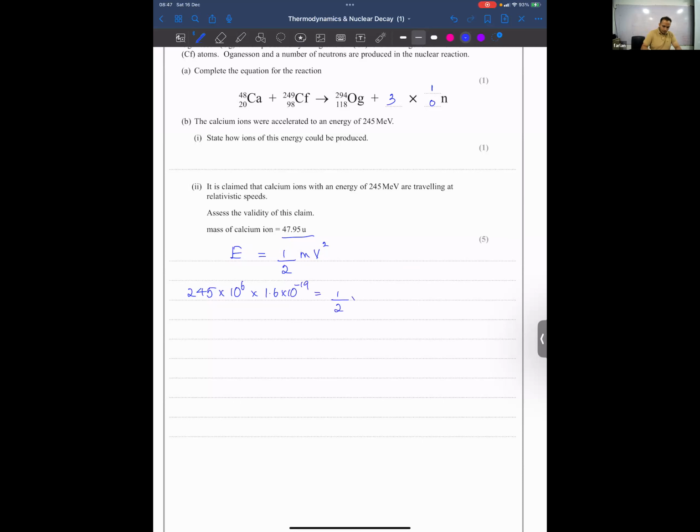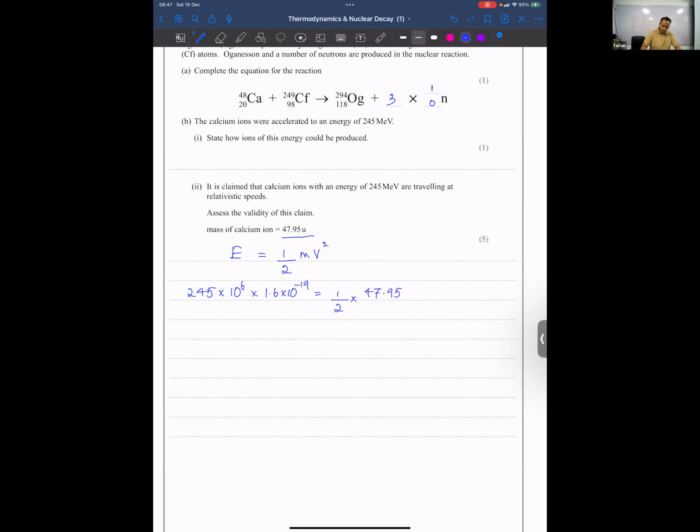Half into mass of the particle, 47.95 into 1.66 into 10 to the power minus 27, into v squared.